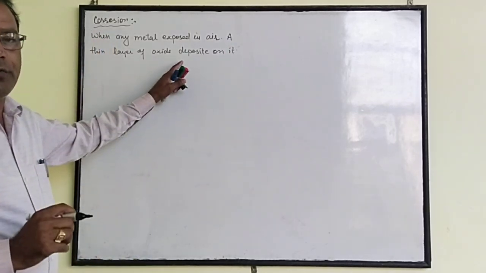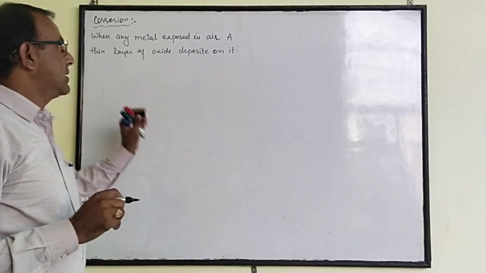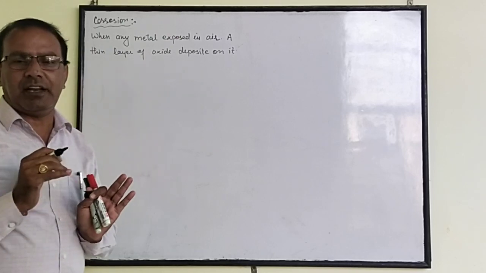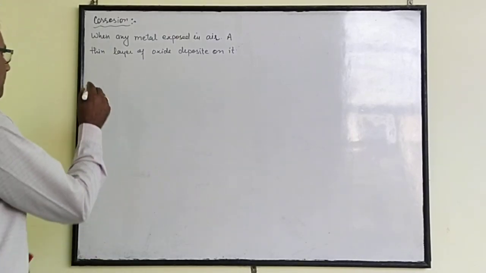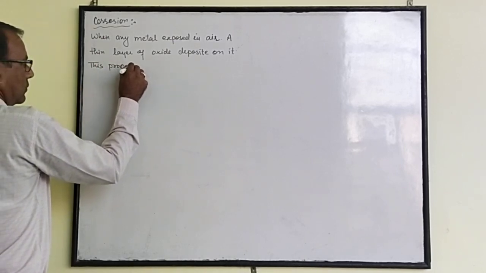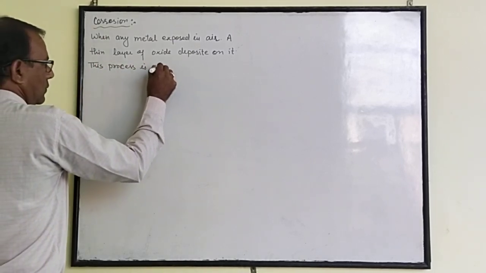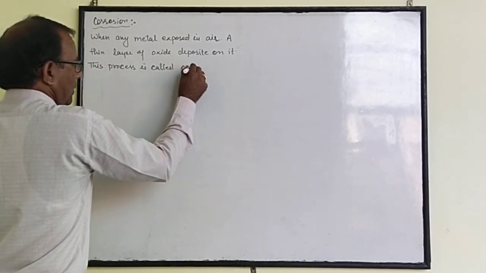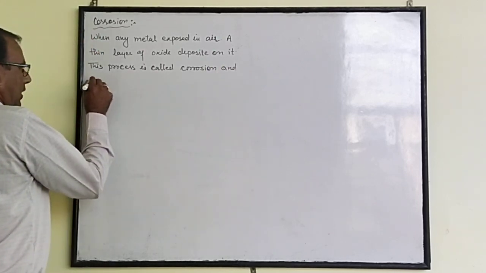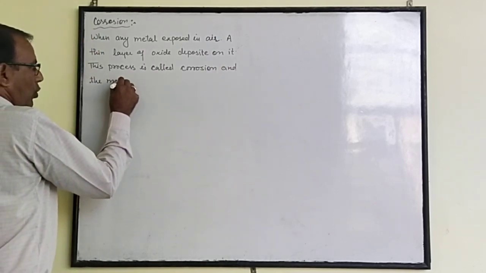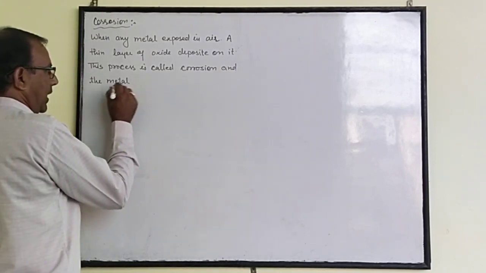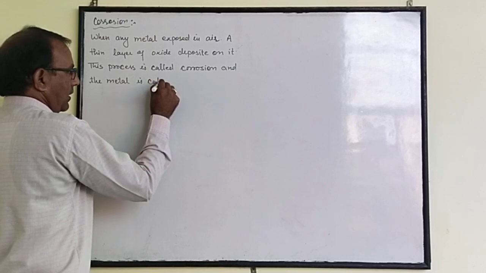This deposition of an oxide layer on a metal is called corrosion. The process is known as corrosion and the metal is known as corroded metal. And the metal on which the oxide layer is deposited, what will we call that metal? Corroded metal.